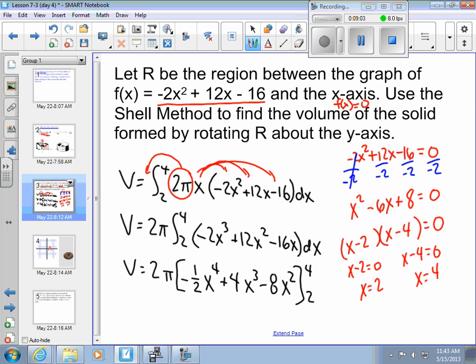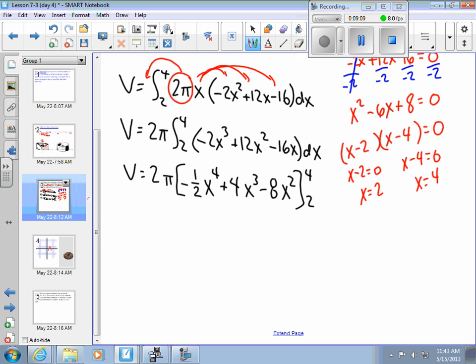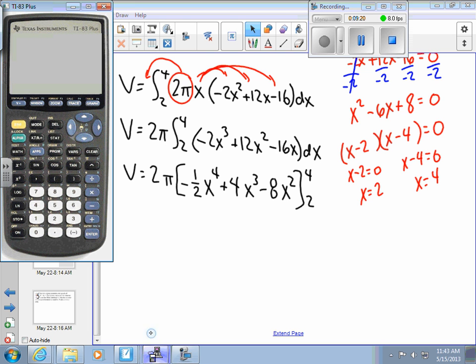All right, so if we solve that out now, we should be able to figure out what the volume is going to be. So we'd want to plug in 4. We'd want to plug in 2 and evaluate it from there. And plugging those numbers in, we should be able to get it to come out. Let's see what we get.